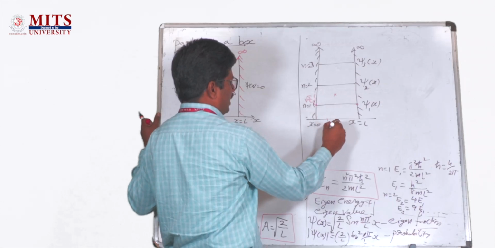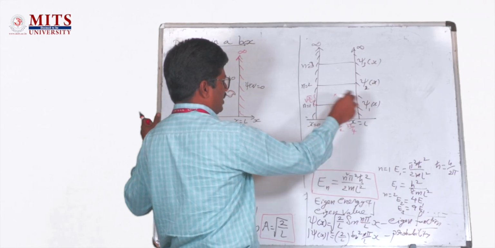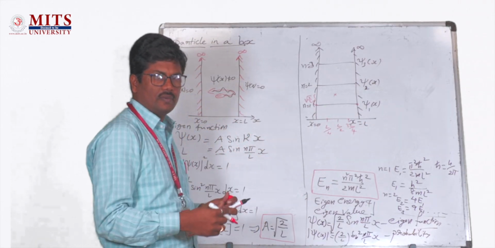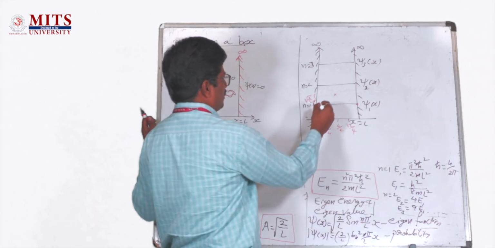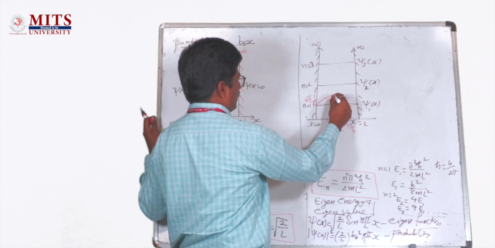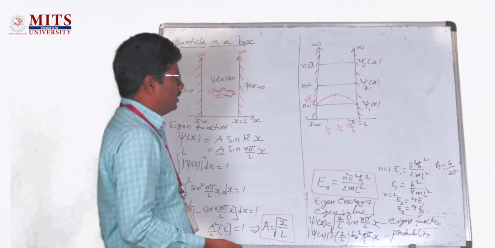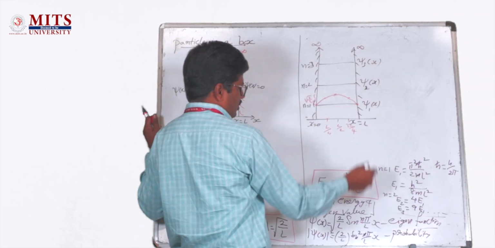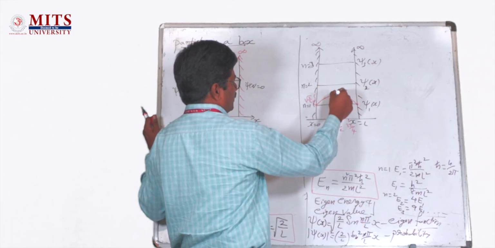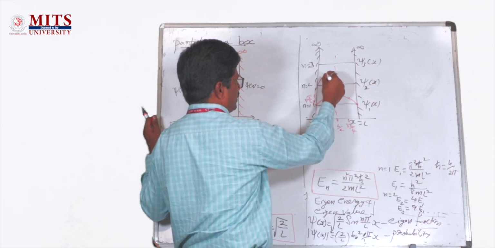Similarly, you can take L by 4, 3L by 4, various values from x equal to 0 to L and connect the points. So you will get some points here, some point here. Then if you connect that, you will get a sine wave because it's a sine function. Then if you go to n equal to 2 and do the same thing, you will have a wave which is like this.